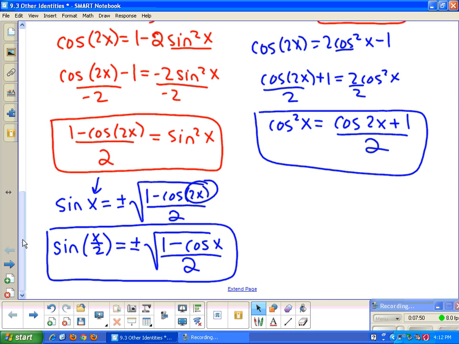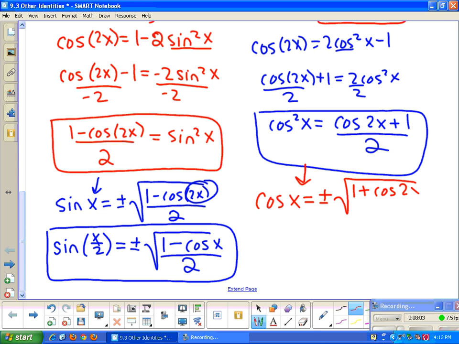And then for the cosine half angle identity, it's the same idea. So the cosine of x would be equal to plus or minus the square root of, and then usually we do 1 plus cosine 2x is usually how that's written over 2.